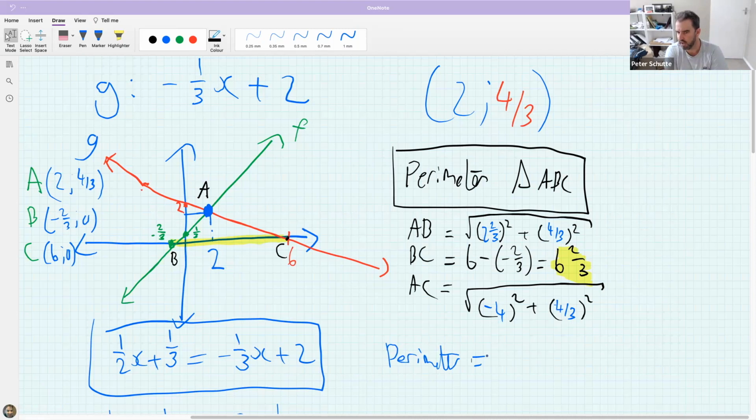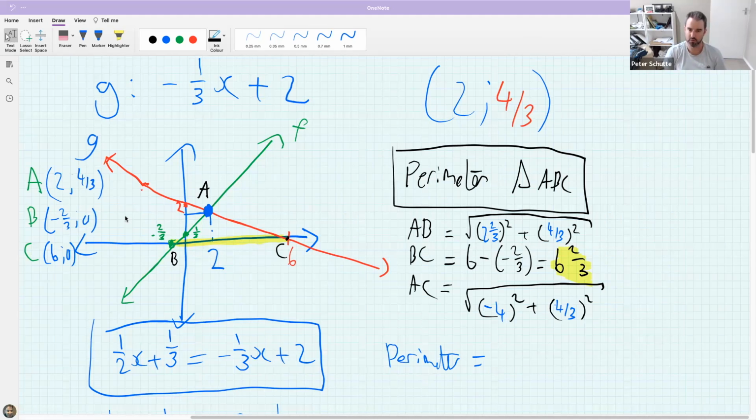If there's something I've done now where I've lost you, please do ask, because there's definitely going to be distance formula type questions mixed in with straight lines in paper 2. They love this. This is a very common type of question. We get it here.